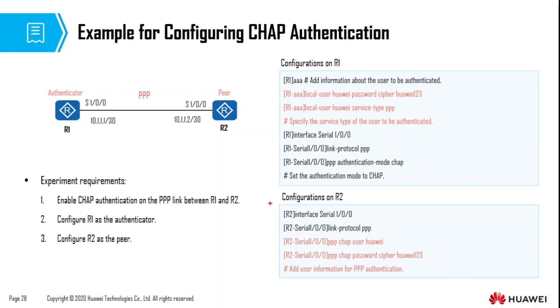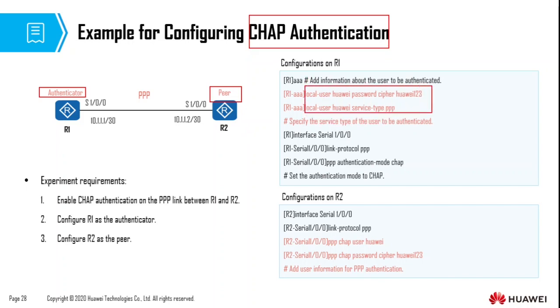Okay, we can also see how to do CHAP authentication. Again, this is the authenticator R1, this is the peer. To use CHAP, again you create a user and enable PPP. Then you go to the interface, link-protocol PPP, and ppp authentication mode CHAP. Then on R2, we go to the interface and use the command link-protocol PPP to enable PPP encapsulation.